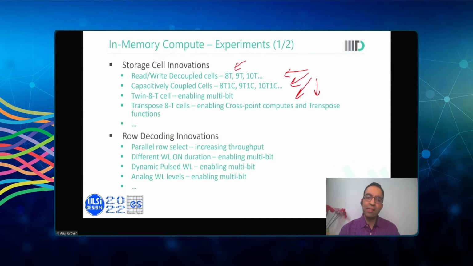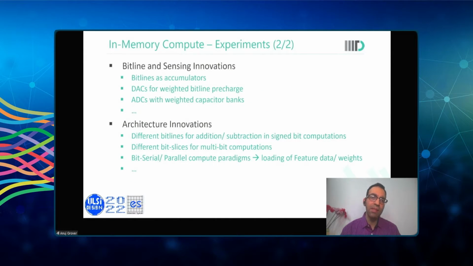Dynamic pulse word lines, again enabling multi-bit. How many pulses you send on the word line would define how the bit line would discharge. Analog levels on the word line, again to enable multi-bit, where the level of the word line is dependent on the feature vector. And so on. So many more experiments are happening.